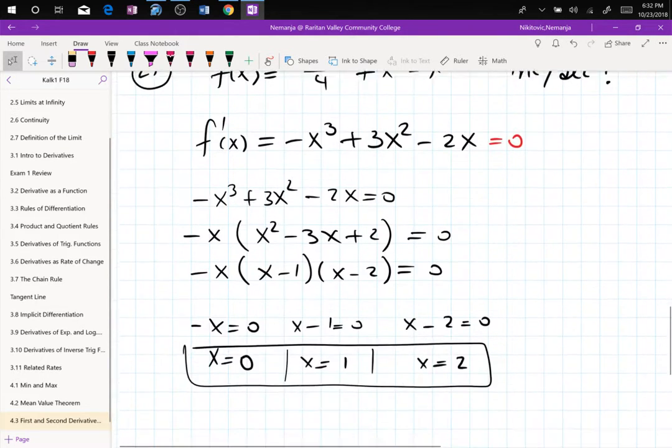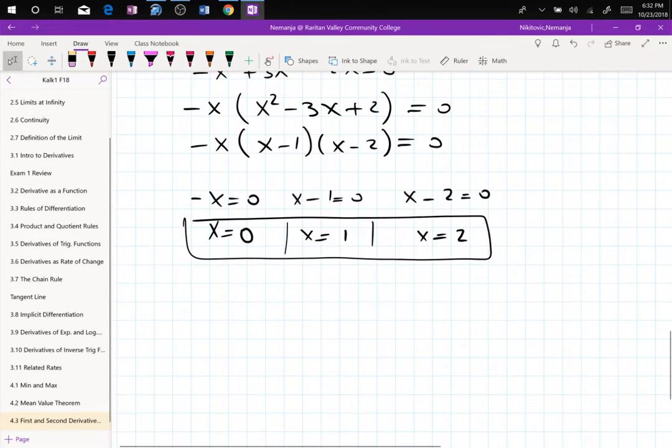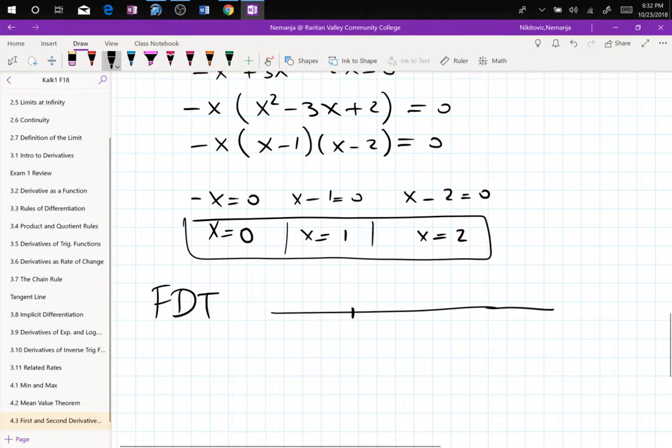So after all this work, we are finally ready to take a look at the first derivative test. Well, all of this is old stuff. So f prime. We have a number line, and then we have important numbers: 0, 1, and 2. Remember, partition every one of these.